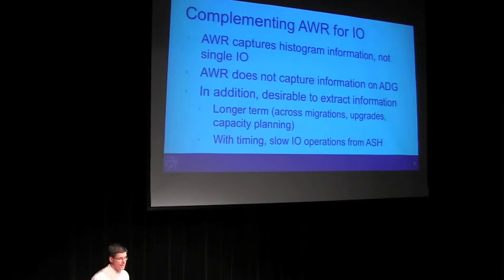In addition to that, AWR does not capture information on Active Data Guard, because it has to write locally, and as Active Data Guard doesn't write locally, you don't have this information. So you're kind of blind. Actually, you don't even have AWR.